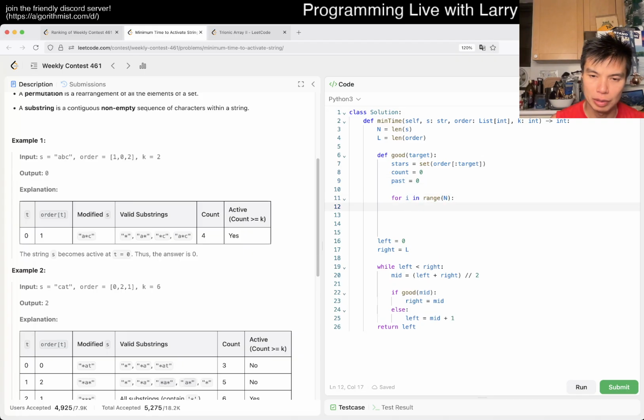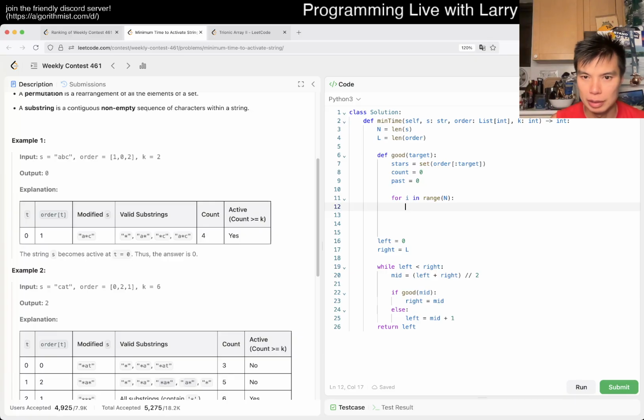Okay, so then now we want to say the last star that we saw, and then all the characters before that, right? Yeah, okay.